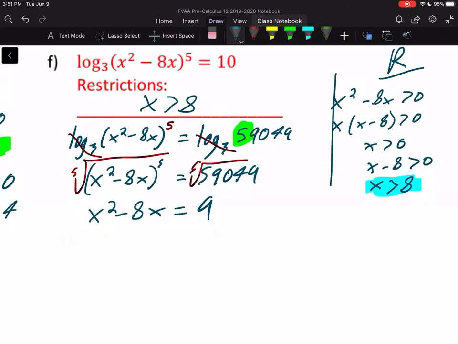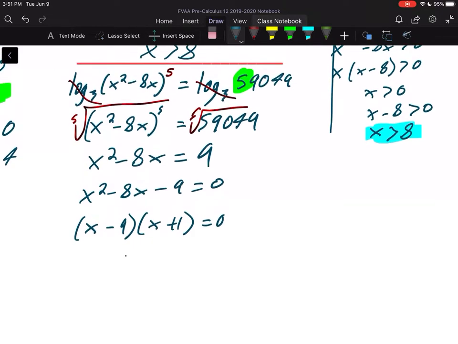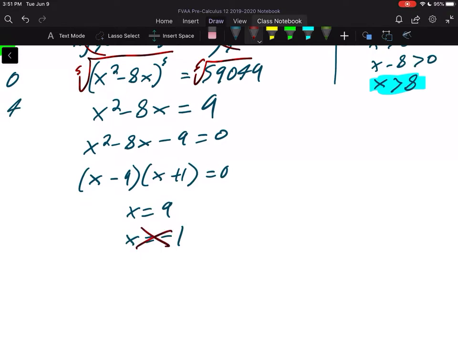So I get this, and then of course we're back into quadratics here. We're just factoring: x squared minus 8x minus 9 is equal to 0, x minus 9 and x plus 1 is equal to 0. X is equal to 9, x is equal to negative 1, and right away I can tell that this is extraneous.